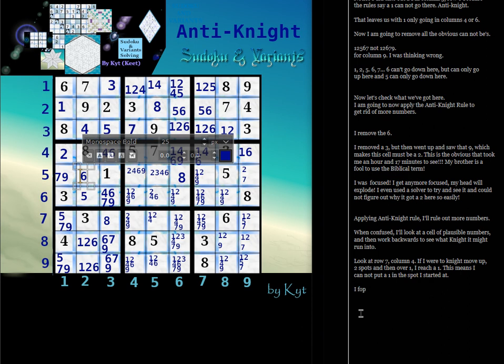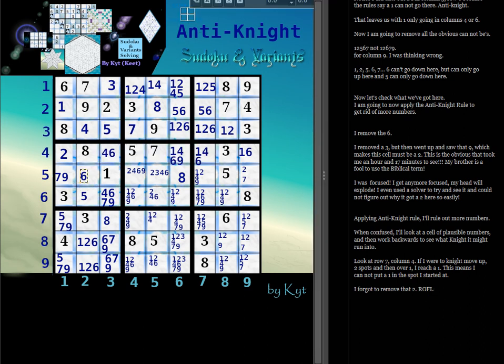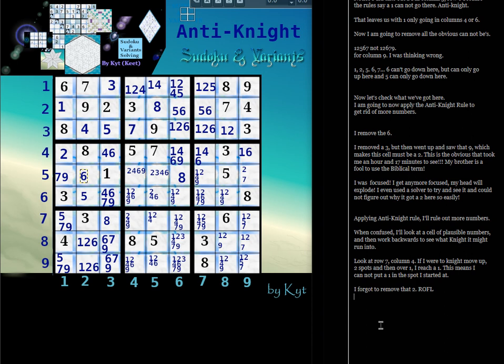I forgot to remove that too. Now we look at column 7, row 6.